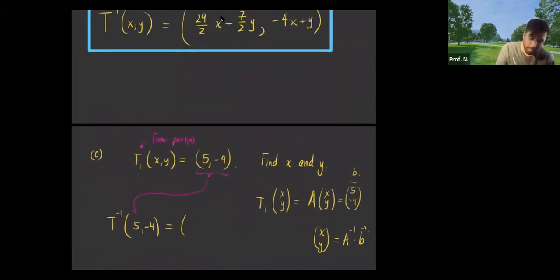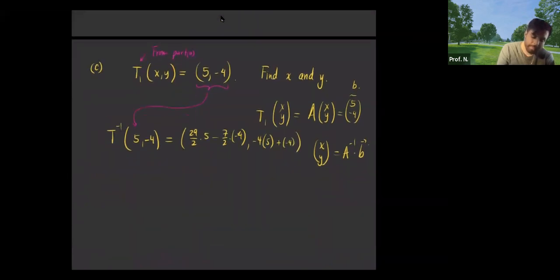So according to the formula, this becomes 29 over 2 multiplied by 5 minus 7 halves multiplied by negative 4, comma, negative 4 times 5 plus negative 4. It's going to be some decimal for the first coordinate. The second coordinate is negative 20 minus 4, which is negative 24.